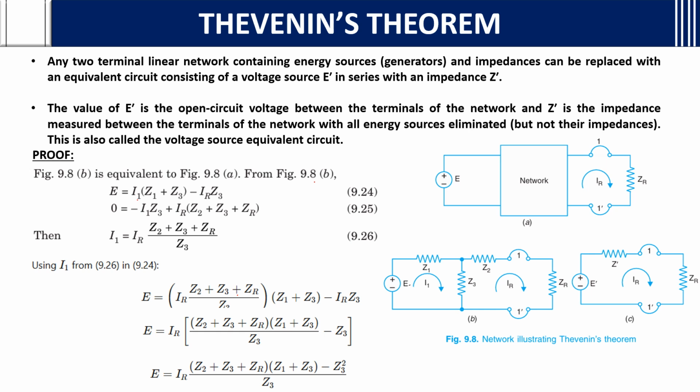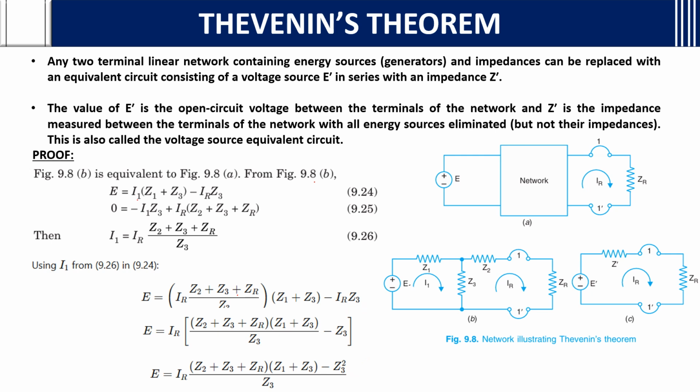So E equals IR into Z2 plus Z3 plus ZR into Z1 plus Z3 by Z3, minus Z3. Why? Because we have taken IR common. After taking IR common, you do the LCM, and you will get Z3 square here. This equation you will get.